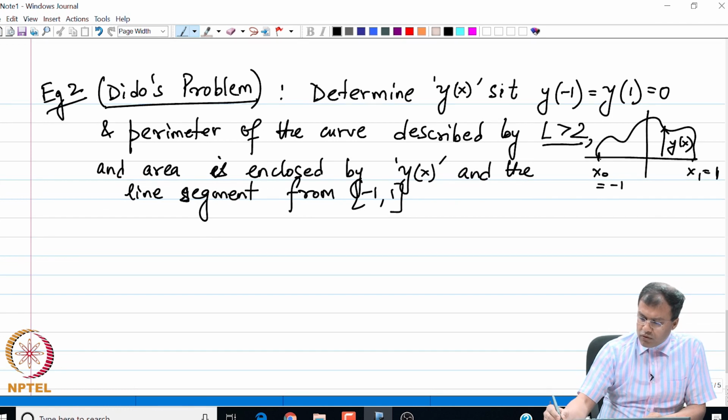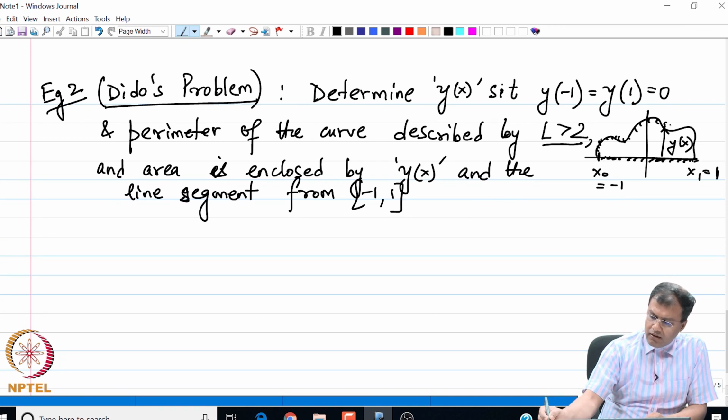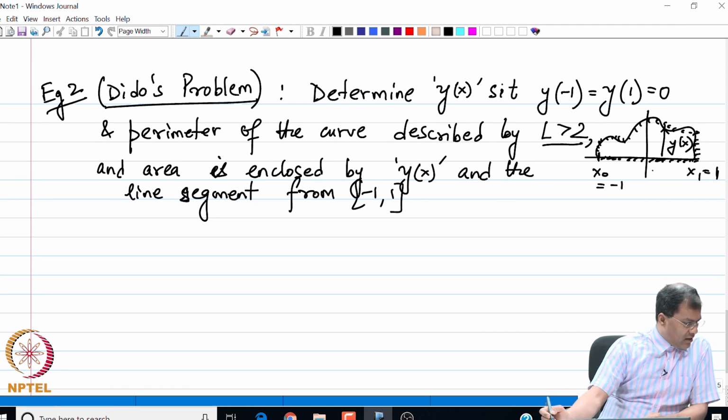The length of the curve that we are trying to describe is this one and this one. So the total length of the curve is the length which lies along the x axis plus the length which lies above the x axis. So that is what we have.